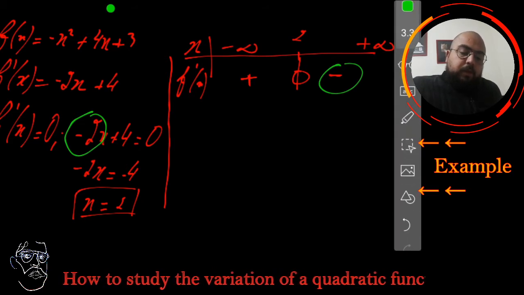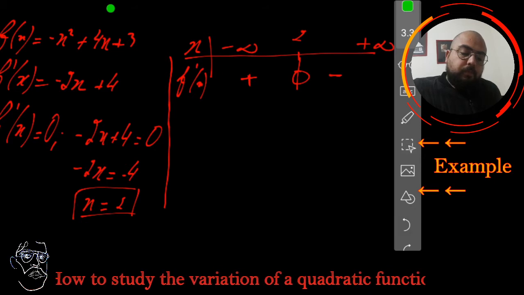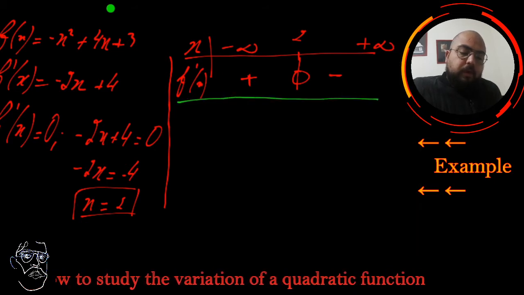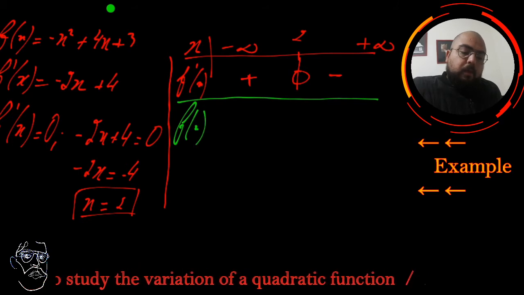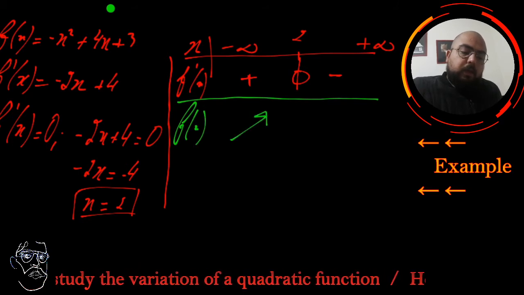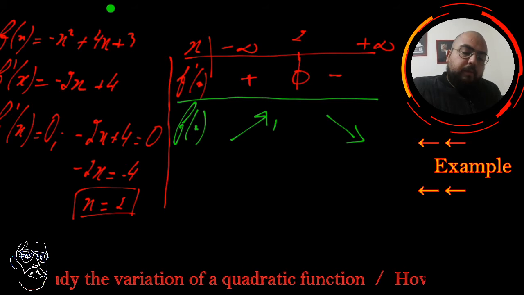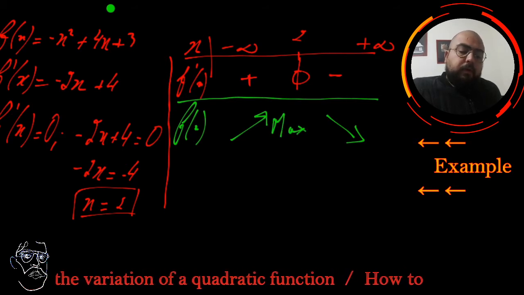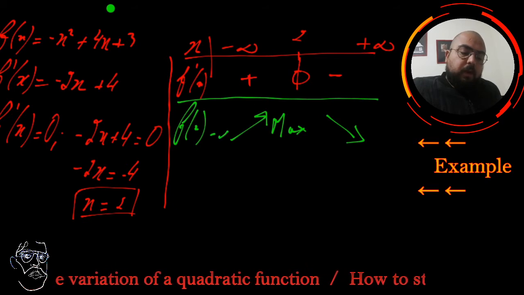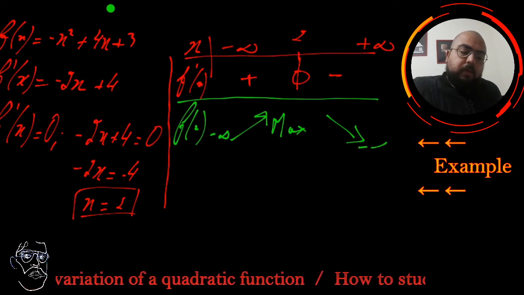Alright, the variation of f of x will be increasing, decreasing. So in this case you will have a maximum. How do you calculate your maximum? Of course the limits are minus infinity, minus infinity.